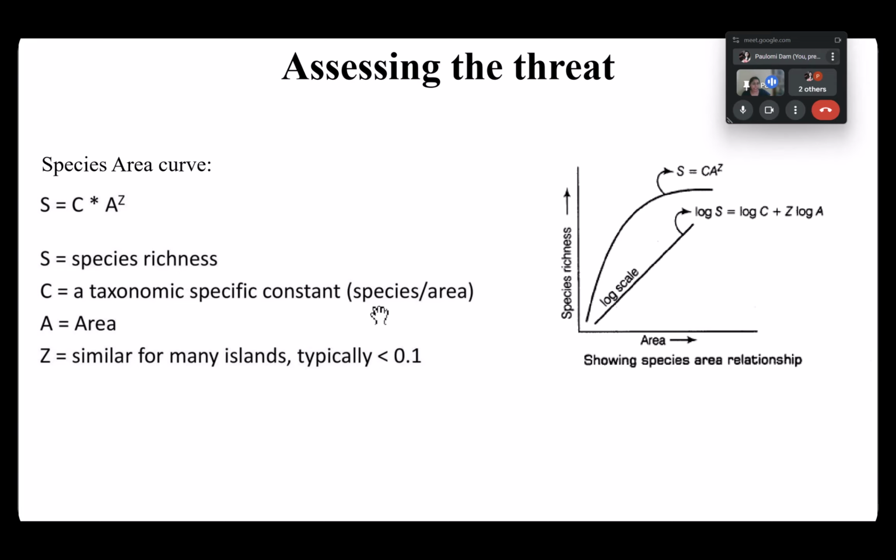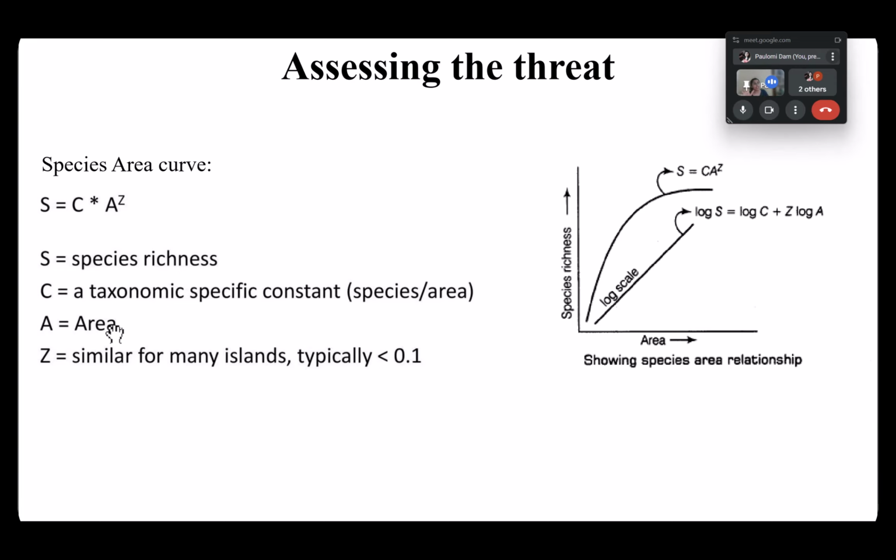So species by area, we are taking a constant. A is the area of the land. So what we are trying to see is, if we have a greater area, what is the species richness, right? And Z is for different islands. The Z is a property of the land and the property of the biological organisms that you find there.